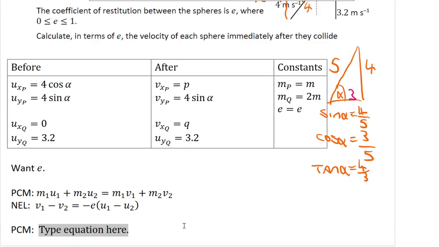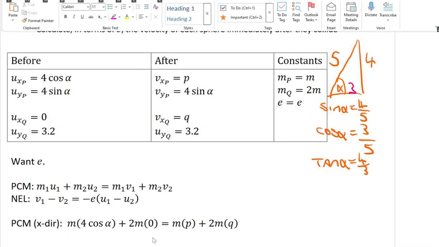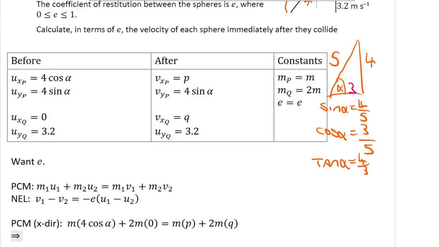So the PCM in our X direction is M by 4 cos alpha plus M by 4 cos alpha plus 2M by 0, and I'll just write in just the X direction, and that equals M by P, because P is our X velocity, plus 2M by Q. Working that out, we can divide M out of everything, which gives us 4 cos alpha equals P plus 2Q.